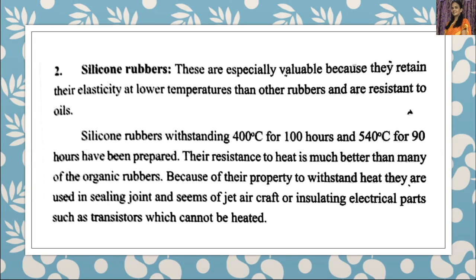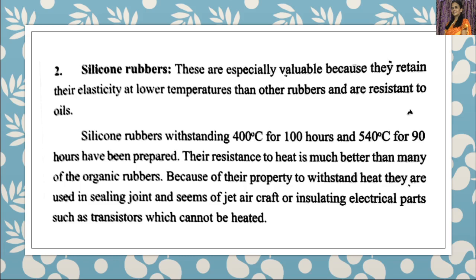Next one, silicone rubbers. These are especially valuable because they retain their elasticity at lower temperatures than other rubbers, and are resistant to oils. As they are resistant to oils and can retain their elasticity at low temperatures, these silicone rubbers are very important. And silicone rubbers withstand 400 degrees centigrade for 100 hours and 540 degrees centigrade for 90 hours.